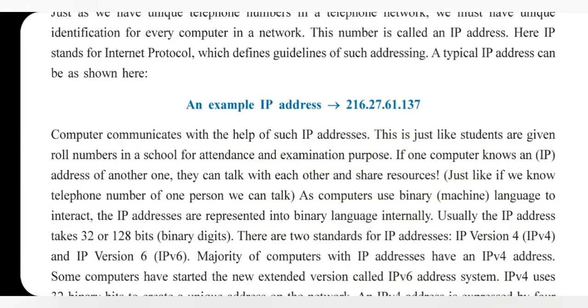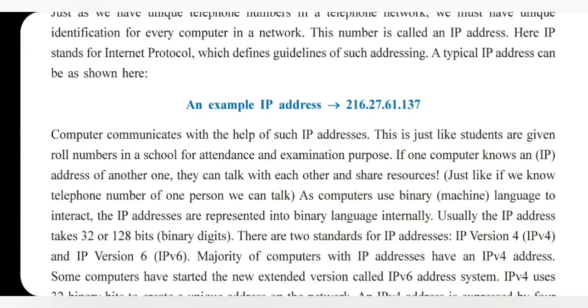Now IP addresses are divided into 2 categories: IP version 4 and IP version 6. Usually an IP address takes 32 or 128 bits.